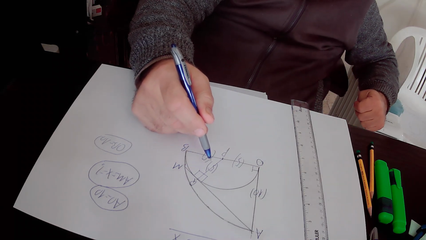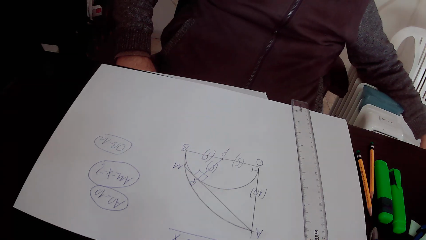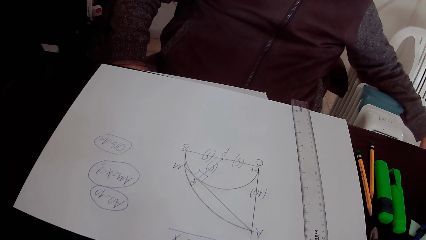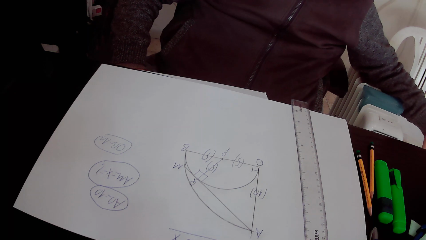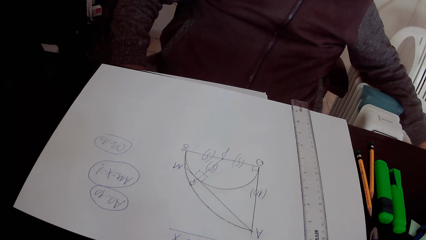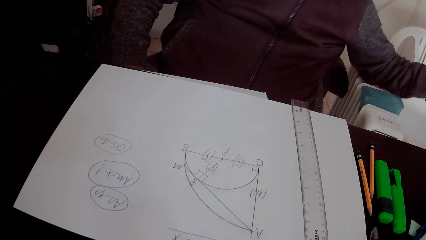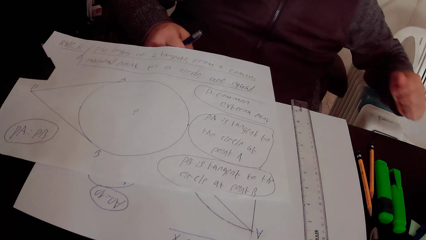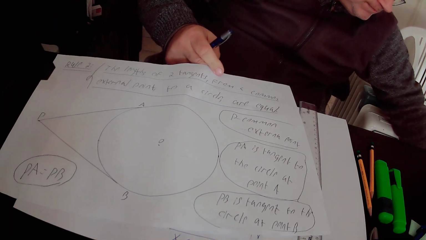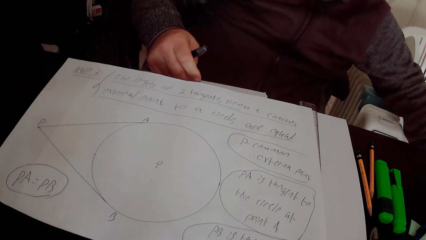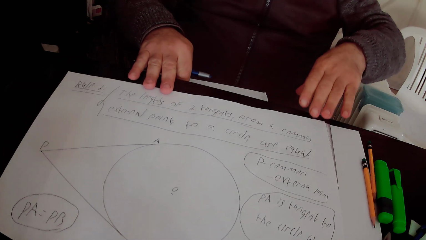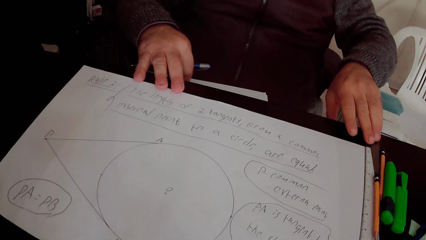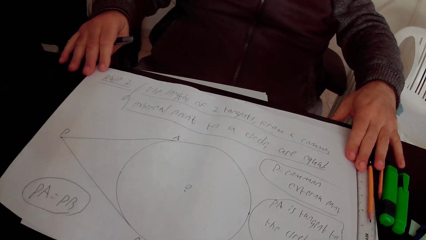We have also here rule number 2. According to rule number 2, the lengths of two tangents from a common external point to a circle are equal.